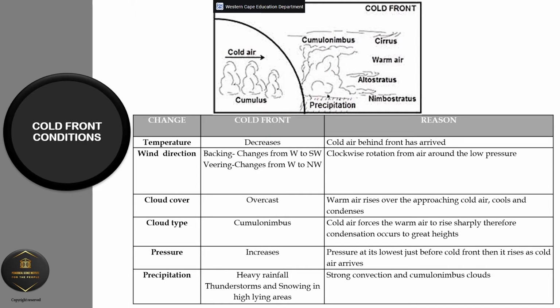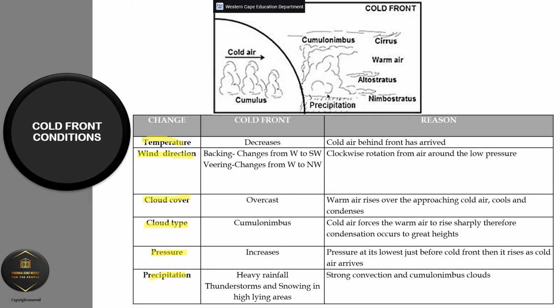The different aspects that we look at are basically the same aspects you will look at in a weather station, right? So we look at temperature, wind direction, cloud cover, cloud type, pressure, and we also look at what will happen to rainfall or precipitation. So those are the different things we think about.